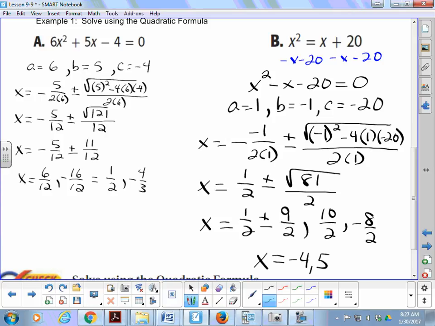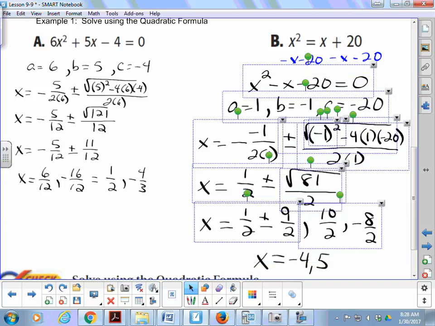I am a bigger fan of completing the square than the quadratic formula. But if given the option, usually you will go to the quadratic formula just because it's easier, because all I have to do is plug in the numbers. Completing the square is a little bit more work, a little bit harder.